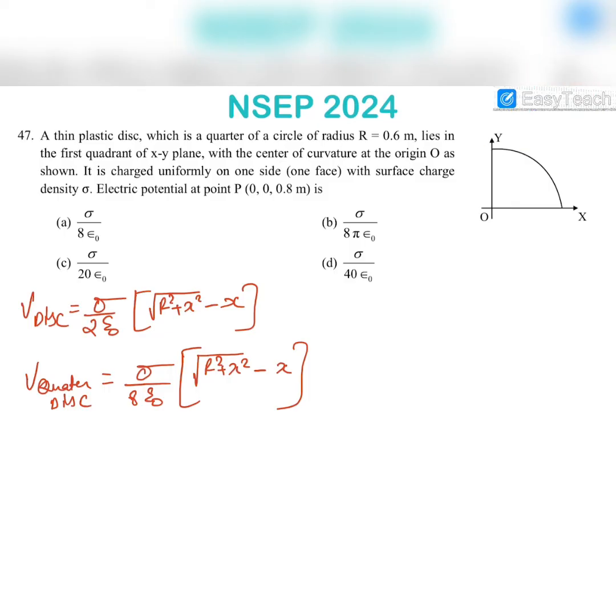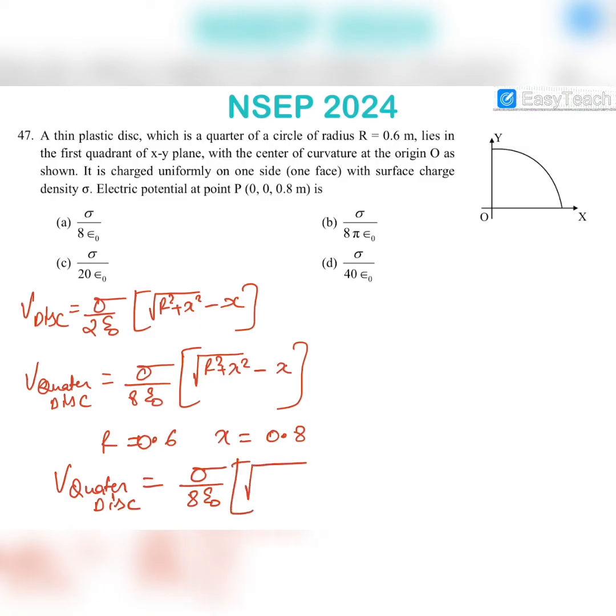Okay, so this is the formula, and obviously R is 0.6, and X is 0.8. So V of quarter disk will be equal to sigma by 8 epsilon naught and under root of R square, which is this, plus X square, which is this.